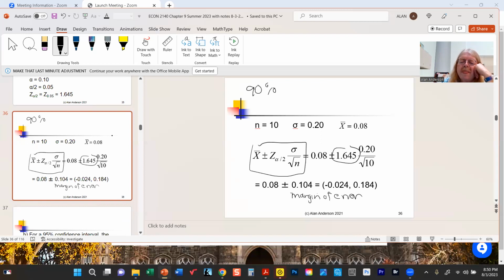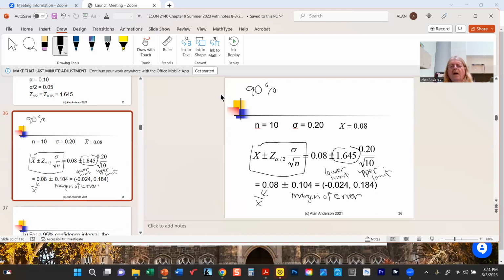This is our X bar, okay? So by adding and subtracting 10.4% from 8%, your lower limit is this negative 2.4%. The upper limit is 18.4%. So it's a pretty wide range.